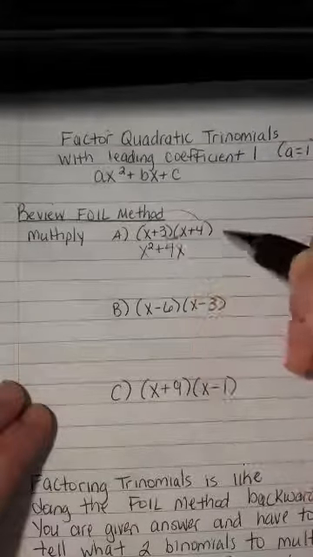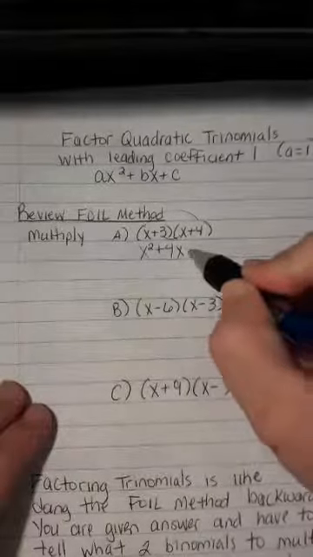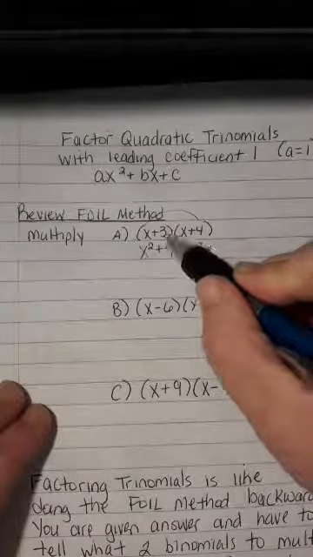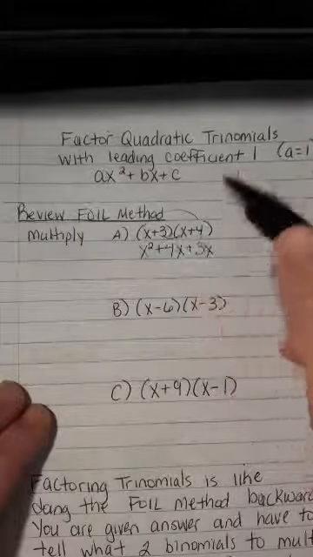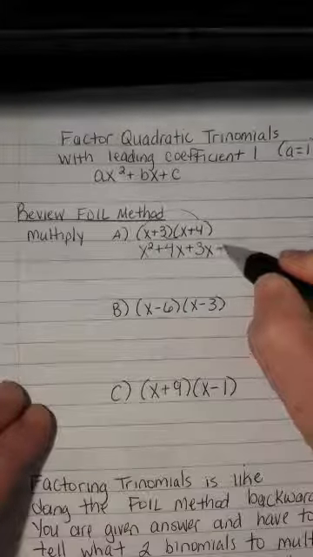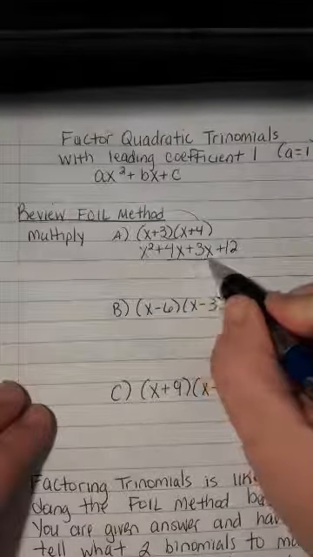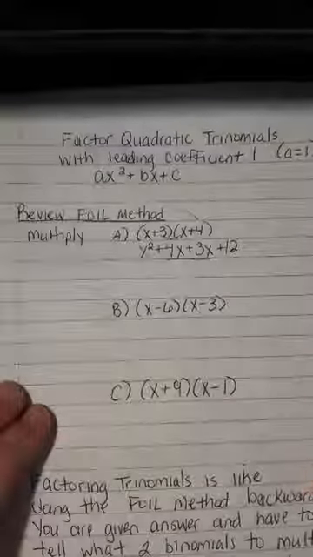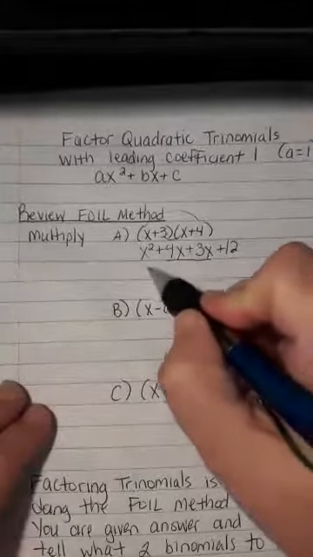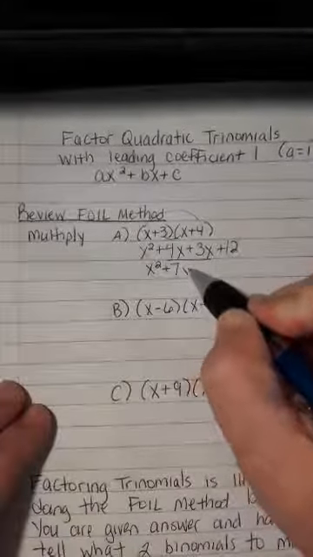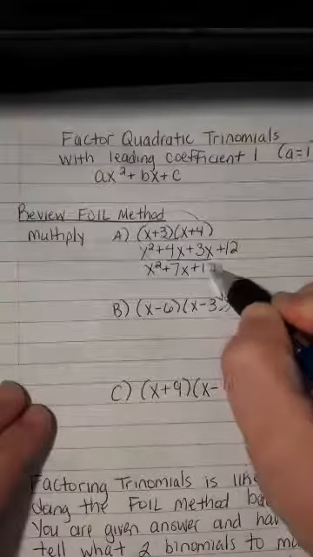And you multiply the insides together, 3 times x, which is 3x. And then you multiply the last terms together in each parentheses, 3 times 4, which is going to be 12. And remember, then the outsides and the insides usually add together. In this case, it'll make 7x. So your answer is x squared plus 7x plus 12.